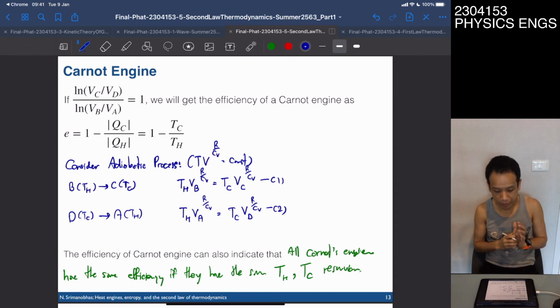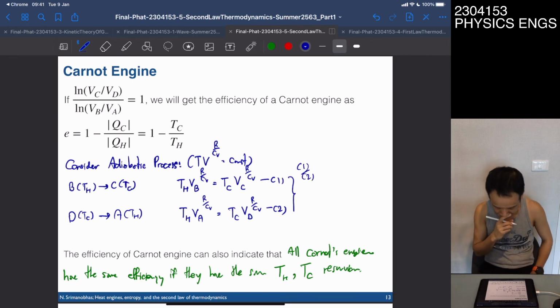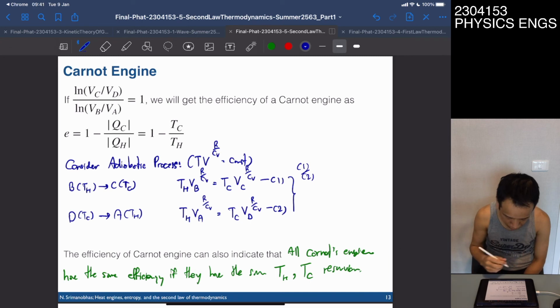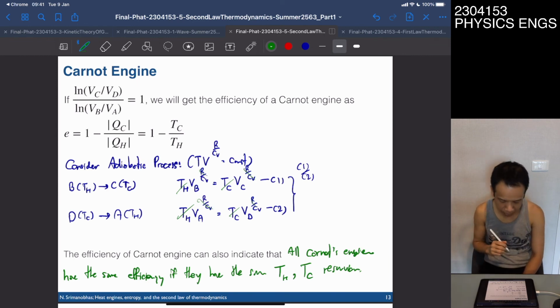So you have two equations from the adiabatic process. If you do 1 divided by 2, T hot can cancel, T cold cancel, then our CV cancel each other later.